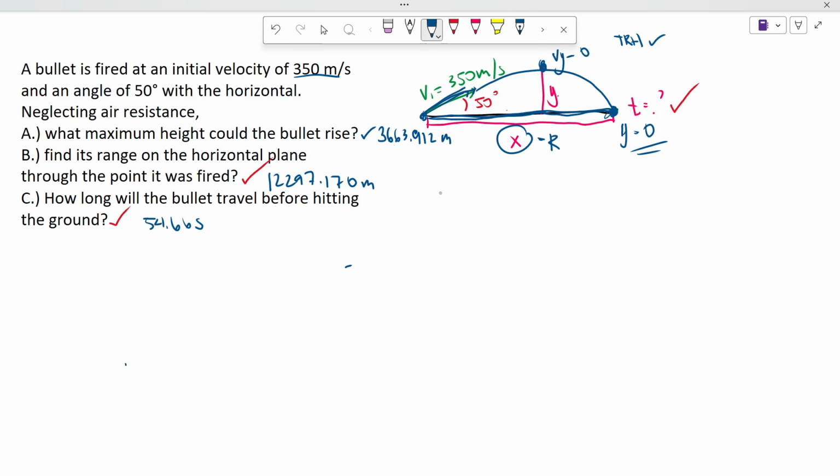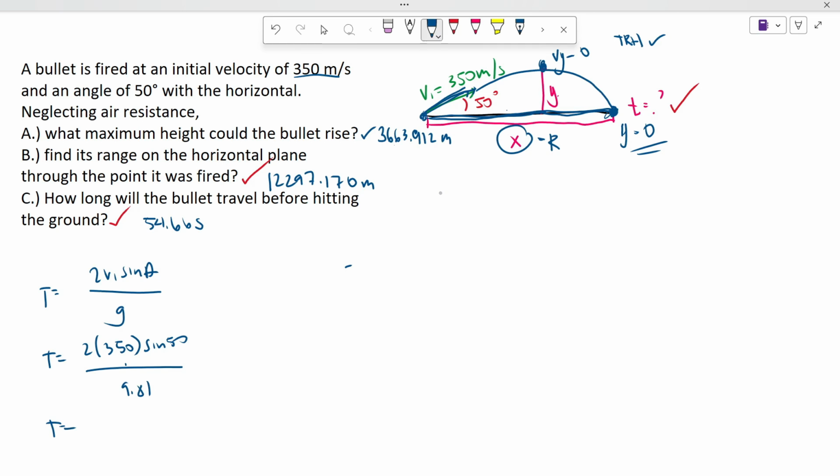Then, let's use the TRH, guys. So, first, we can start with any of them, guys. So, T. What is the formula of T? This will be the formula for T: T is equal to 2 VI sine of 50 all over 9.81.